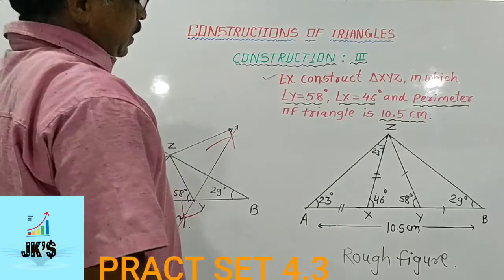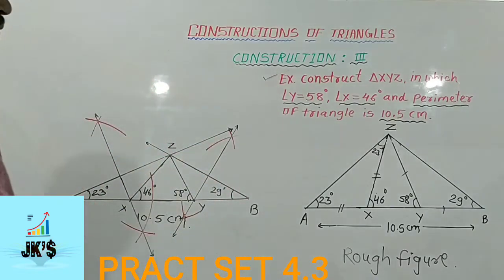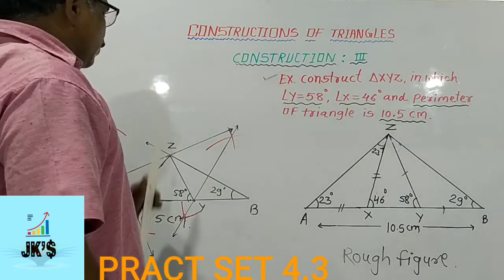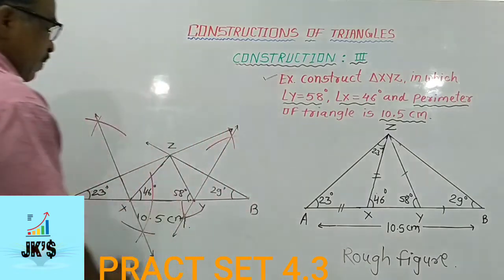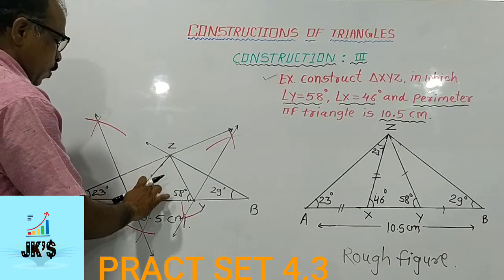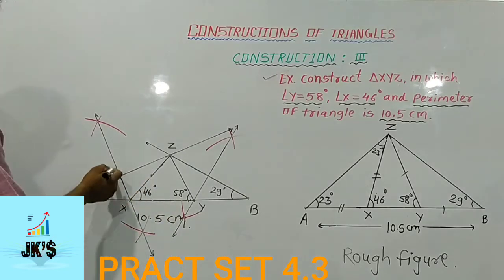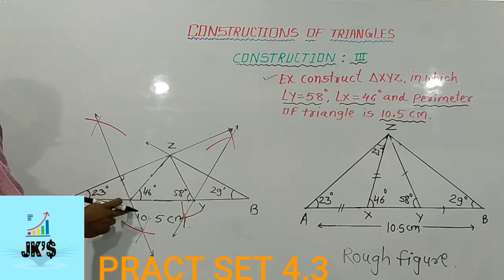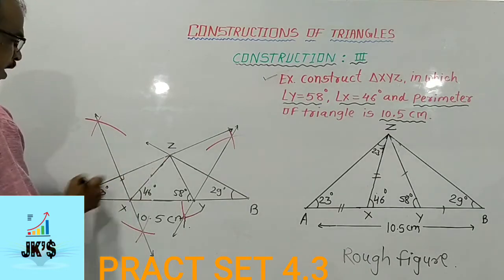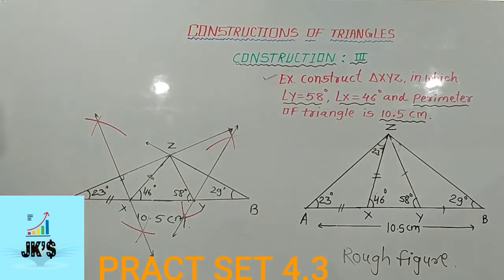So the question is how the perimeter of this triangle XYZ equals 10.5 centimeter. How is it possible? For this friends, just see, this is the perpendicular bisector, means X is at equal distance from A and from Z, means this one is equal to this one.